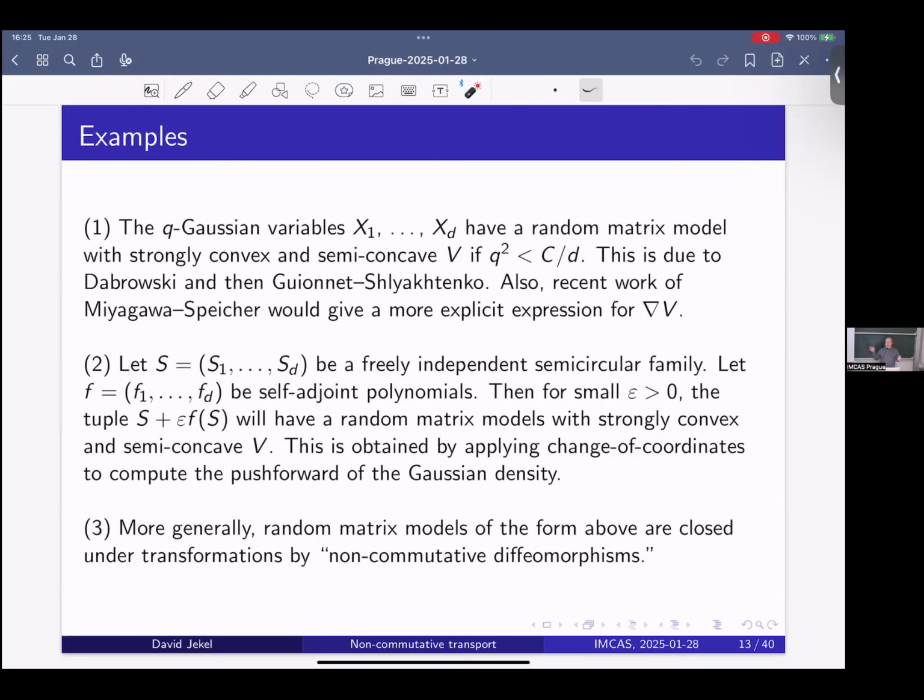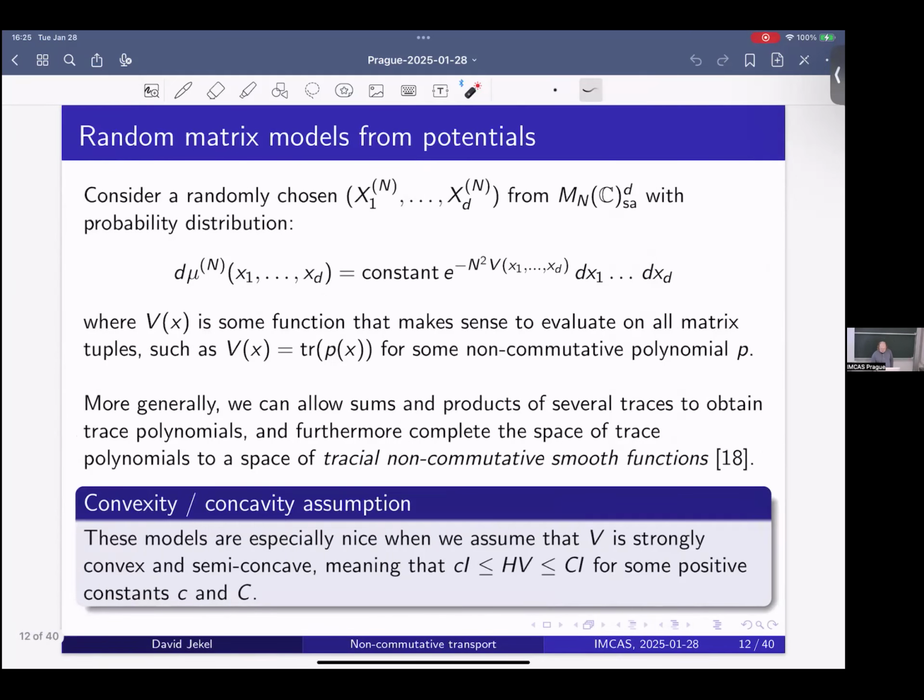If f is close enough to the identity, then the new density that you get out will still be convex. So this is another example which fits into this framework. More generally, this change of variables works whenever you start with a nice smooth log density; you can do a change of variables and obtain other things. Okay, so these are examples of things that fit in this framework.